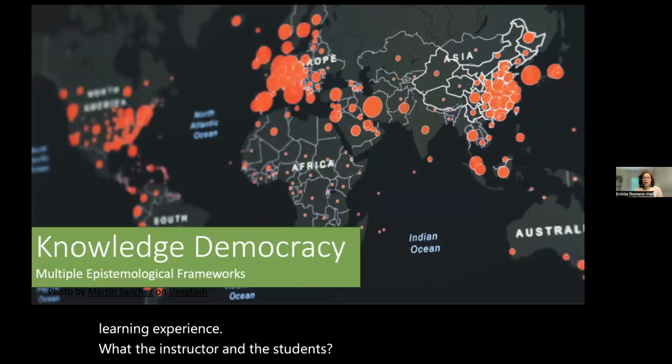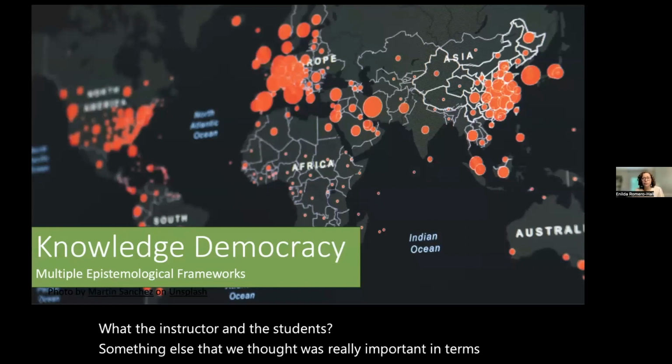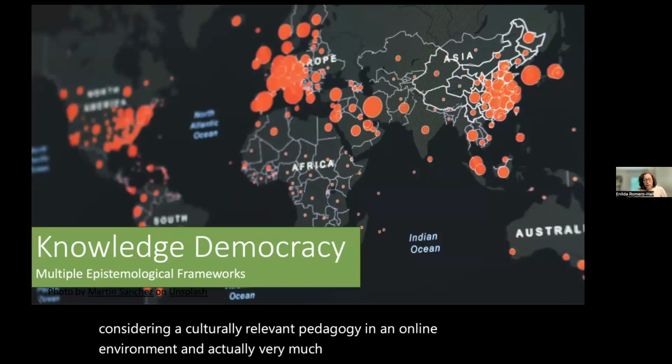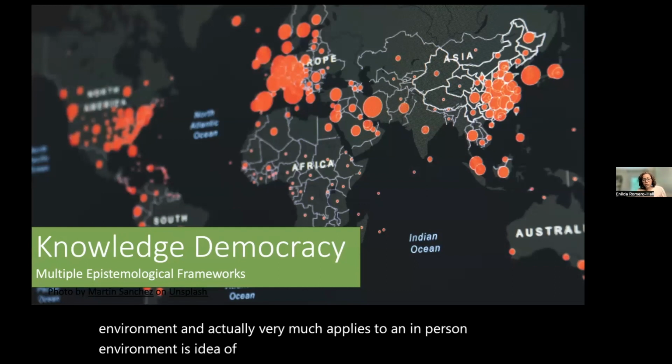Something else that we thought was really important in terms of considering a culturally relevant pedagogy in an online environment, and actually very much applies to an in-person environment, is the idea of knowledge democracy.